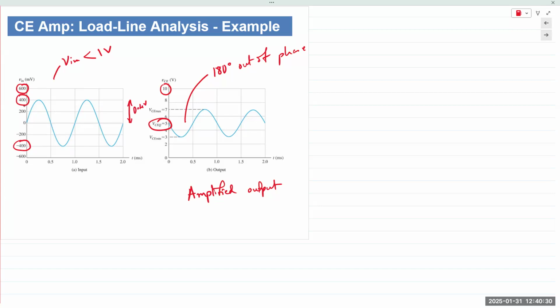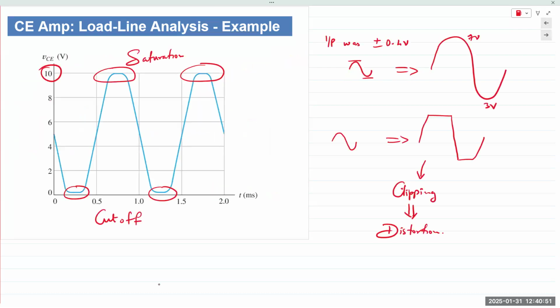And we get a swing of 2 volts. So 0.4 volts is increased to 2 volts. So instead of 0.4 volts, if you apply like 1 volt or 2 volts, what happens to the output? Well, the output would be far too large.